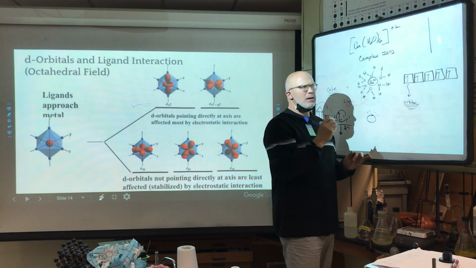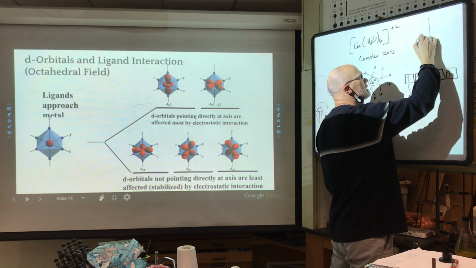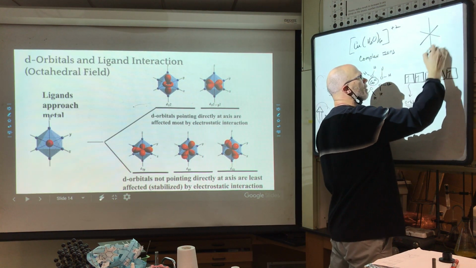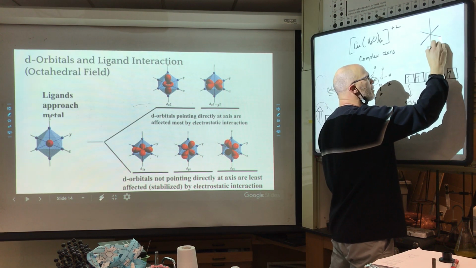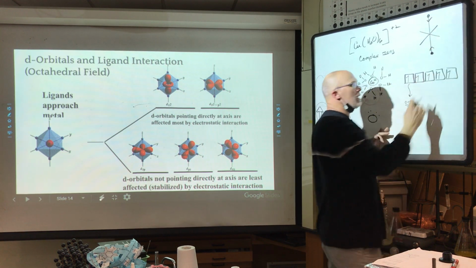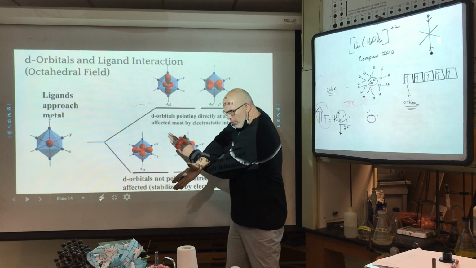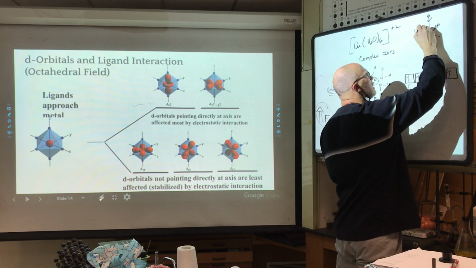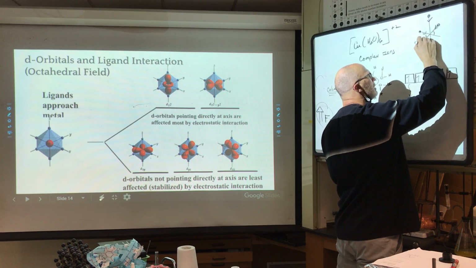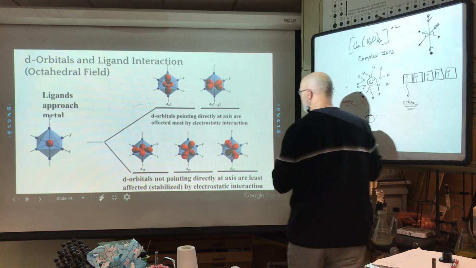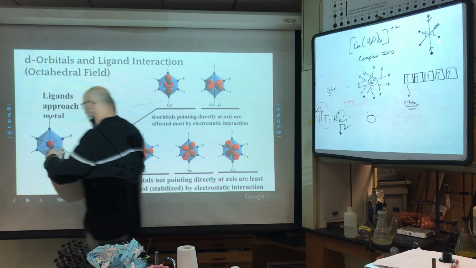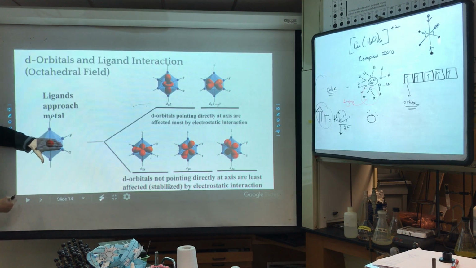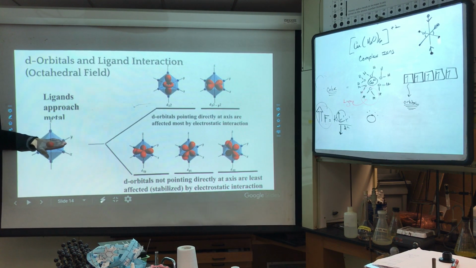And then, this is hard to see, it's going to attack in a square. So here's a water attacking this way, a water attacking this way, and then there's a planar square in the middle where the water attacks this way. These are 90 degrees, by the way. And that's the octahedral. So this is actually a plane, but they're bringing it down so you can see it.